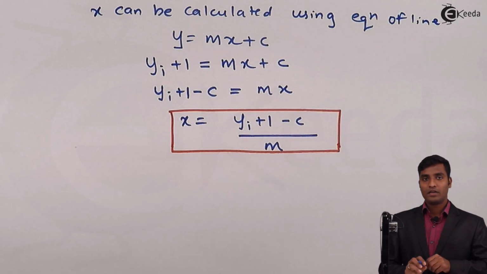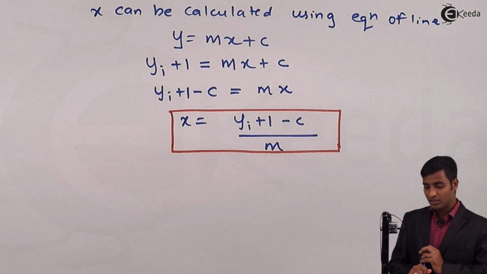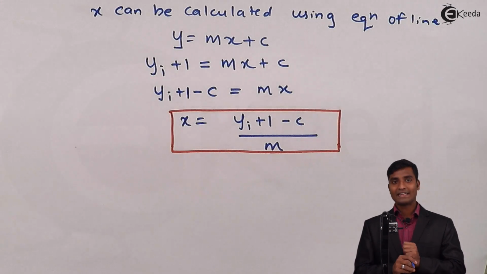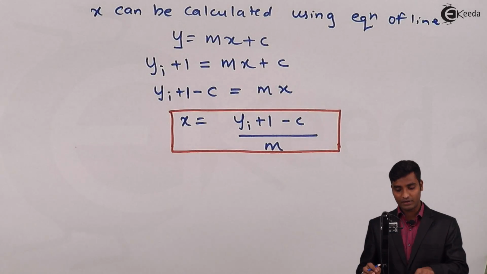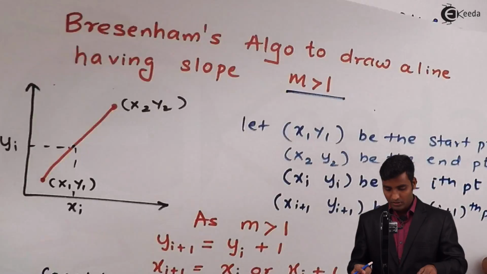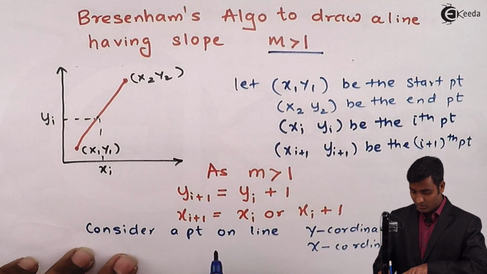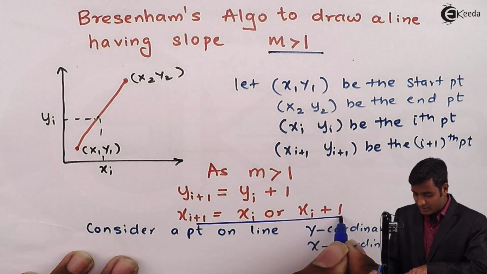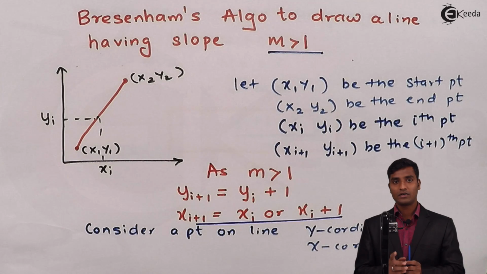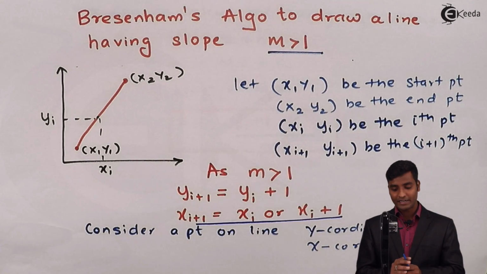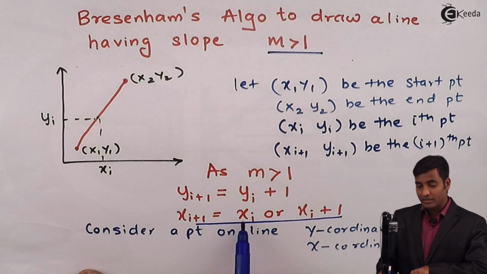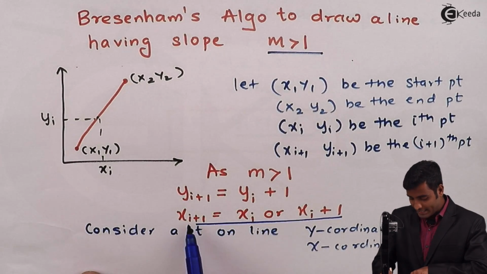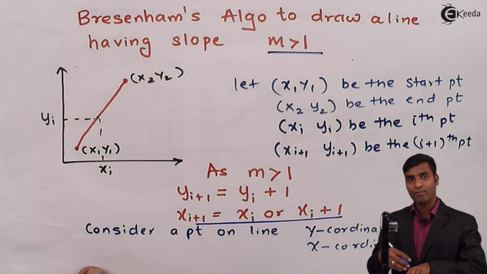So now we will consider a distance for finding the condition, whether xi plus 1 is equal to xi or it is equal to xi plus 1. For finding this condition, I am considering two distances, that is d1 and d2, whether I have to take xi plus 1 equal to xi or xi plus 1 equal to xi plus 1.